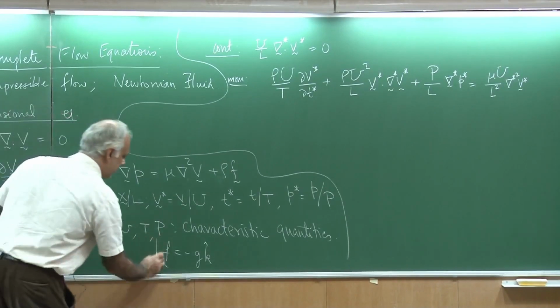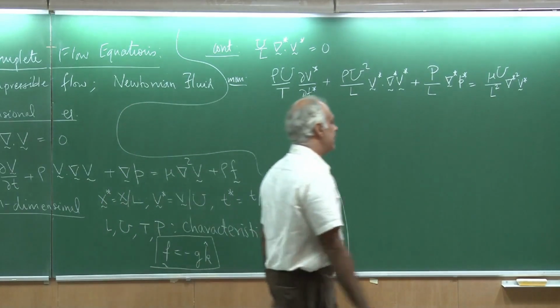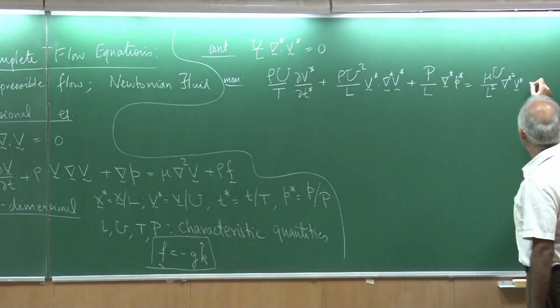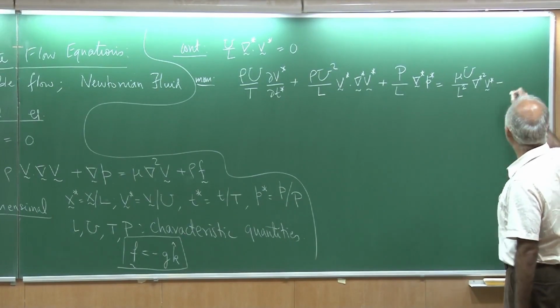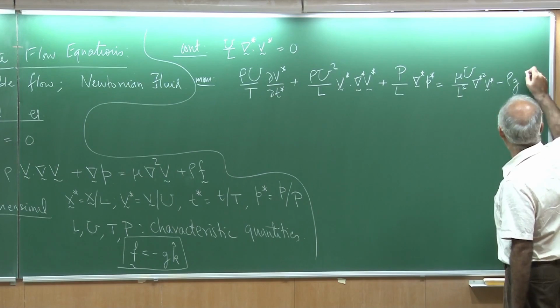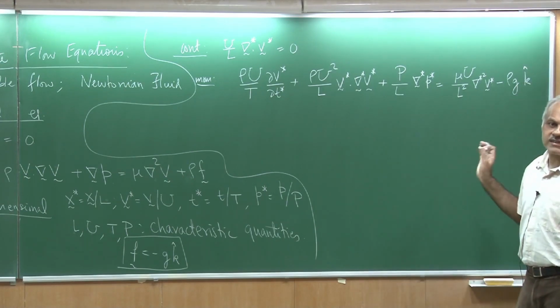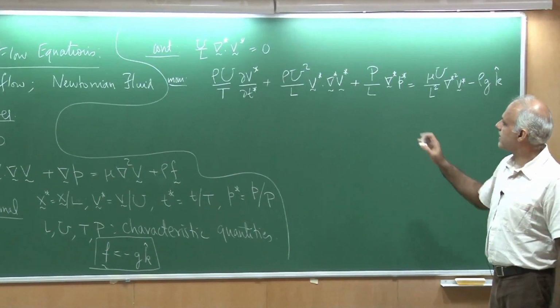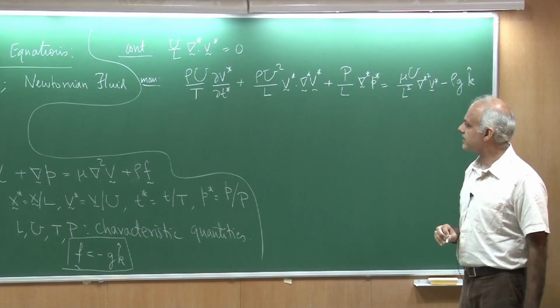So if I make this assumption and substitute for that in this equation, then I would get a minus, and I could write here simply a rho times g and k. So these are my equations: the continuity equation and this entire thing as the momentum equation.